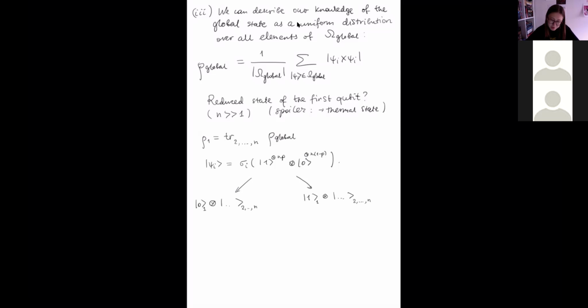So what is the remaining state on the systems from 2 to n? If we took 1, 0, we're left with np 1s still, and n(1 minus p) minus 1 zeros.